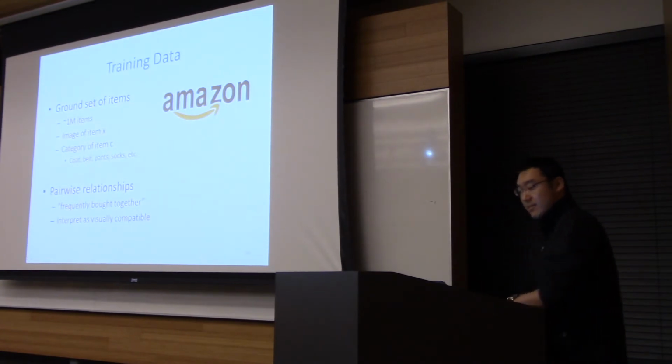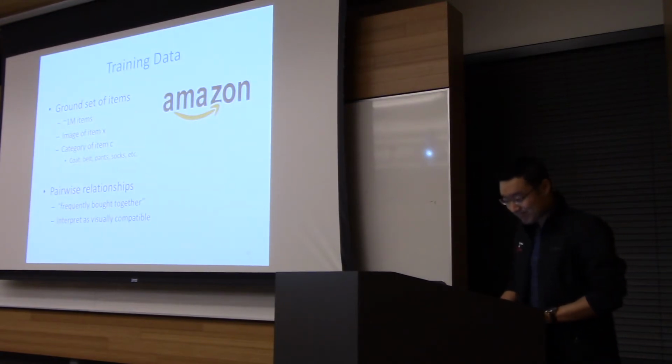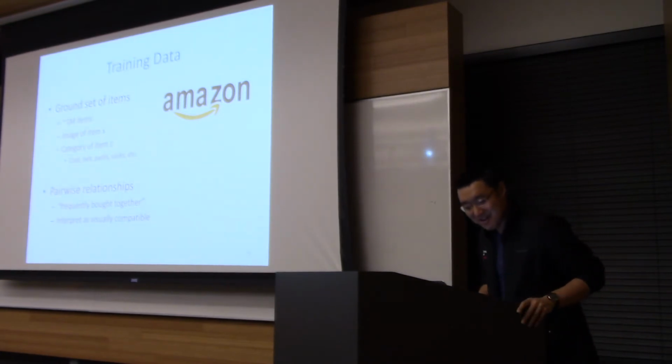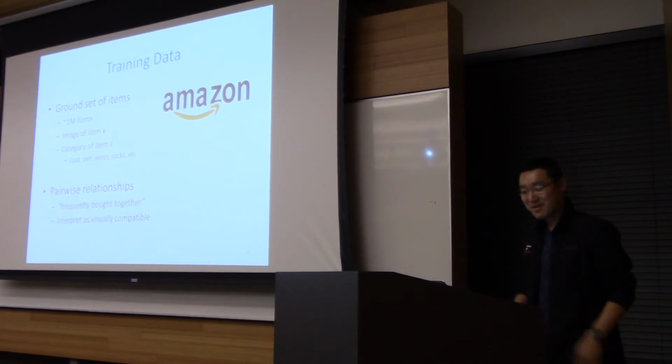The training data comes from some very laborious and painstaking scraping of Amazon. There's a funny backstory there, but I don't think I should tell it on camera. So you have a ground set of items, about 1 million.